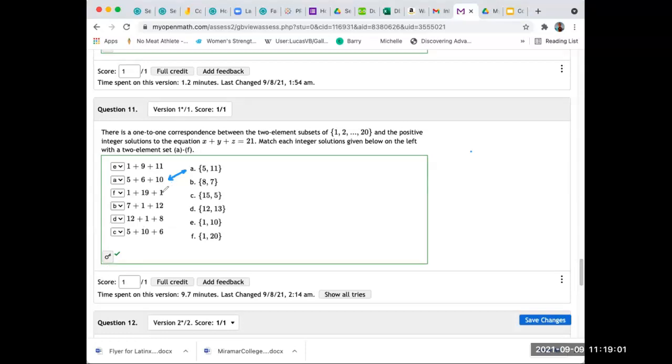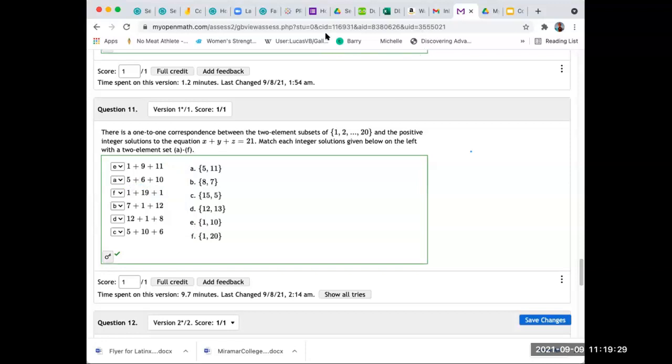Let's see, F. Okay, so these add up to 20, and this one is by itself. Oh, okay. This is a bit weird. It's not like the one that I did. So this must be a different kind of pattern.